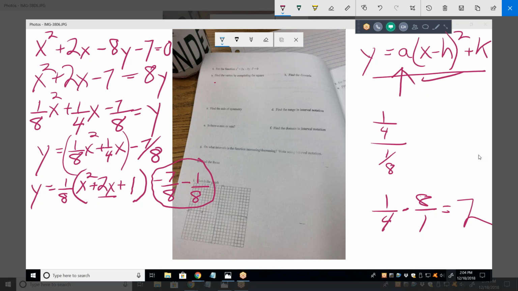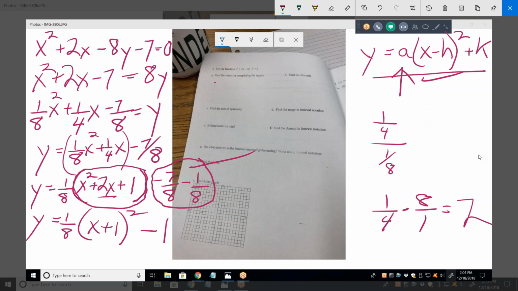You can never change it. You can only modify it. But in that modification, now, because I completed the square with that term right there, I can write that as x plus 1 squared. That's the whole point of completing the square. Combine these two numbers, minus 7/8 minus 1/8 is minus 8/8 or minus 1.